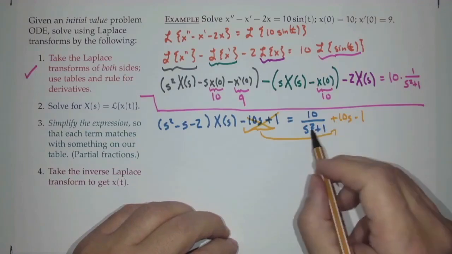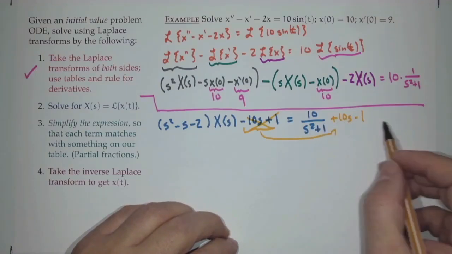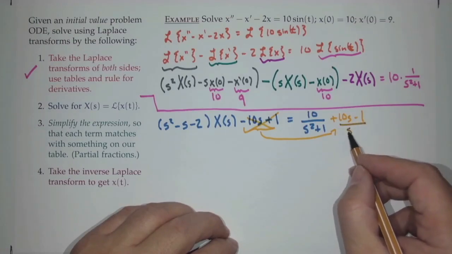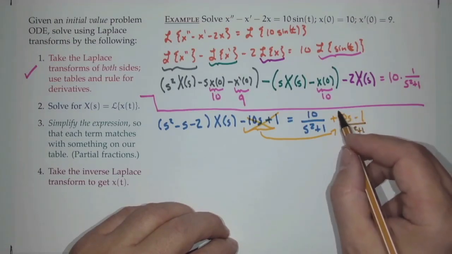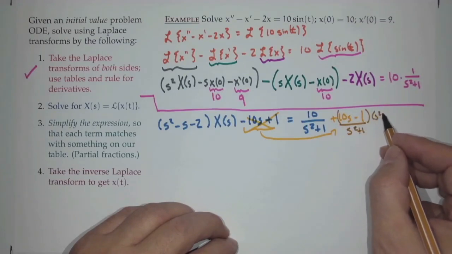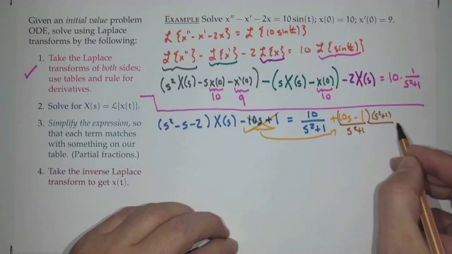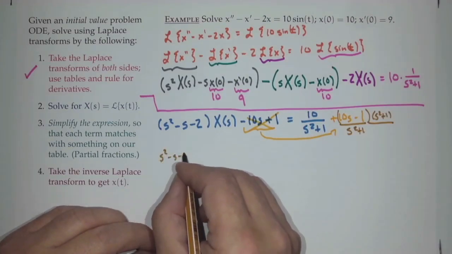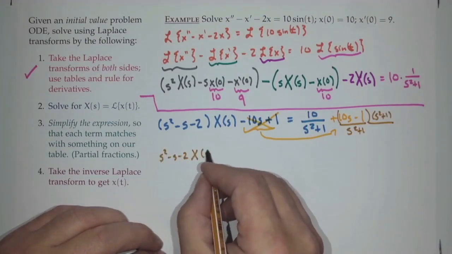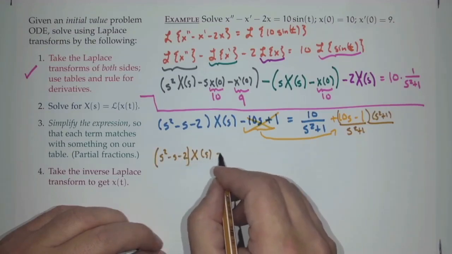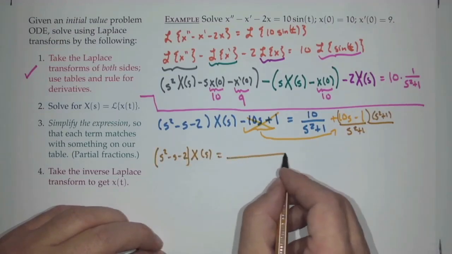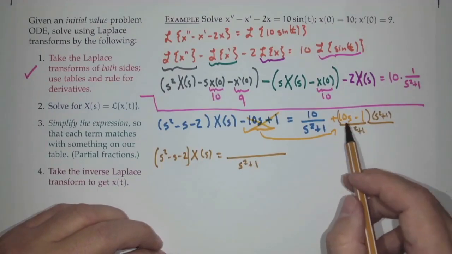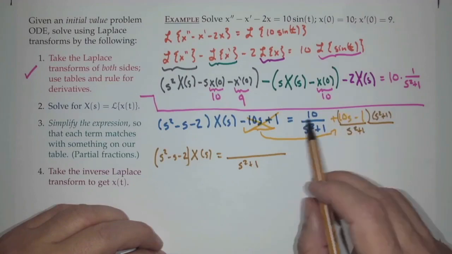So if I wanted to add these two pieces together, what would we need to do next? Yeah, we want to get a common denominator, so multiply the second term by s squared plus 1 over s squared plus 1. Okay, so we have s squared minus s minus 2, x of s is equal to s squared plus 1 is our common denominator. What's the highest power we're going to get here?